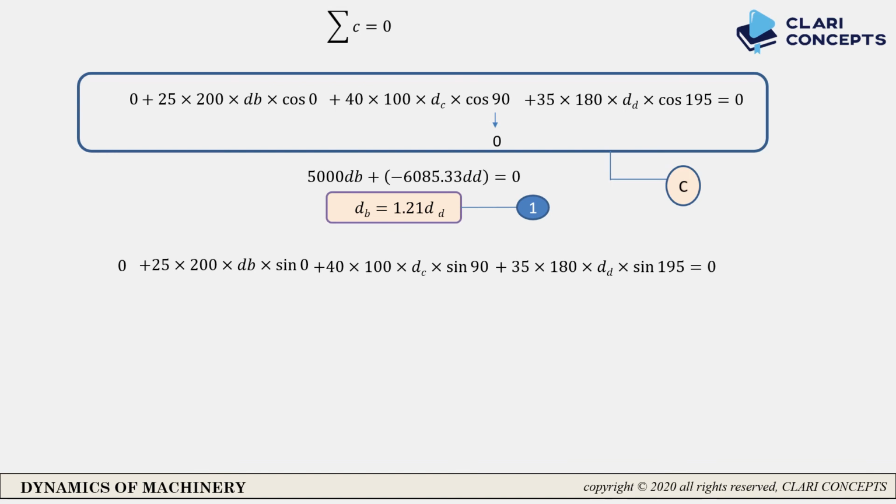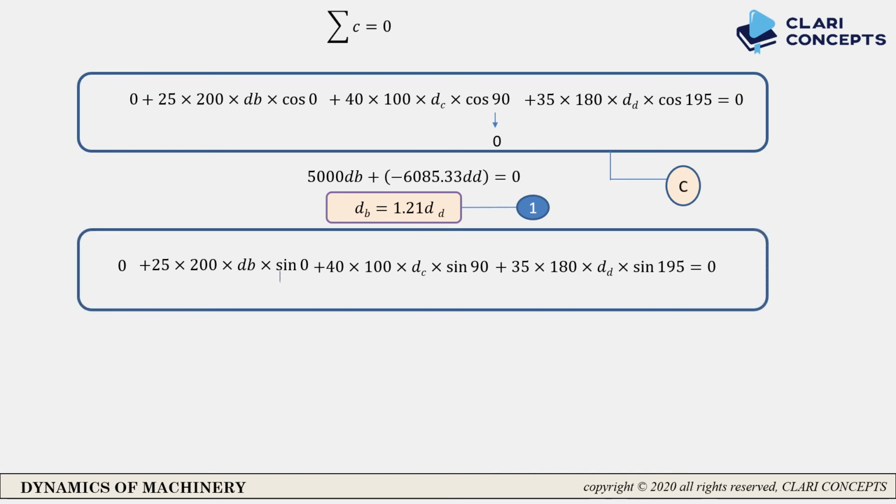Now take all the sin theta terms of couple equal to 0. Here you can see that sin 0 equals 0. This equation is named D, and from equation D we can find a relation like 4000 dC minus 1630.55 dD.